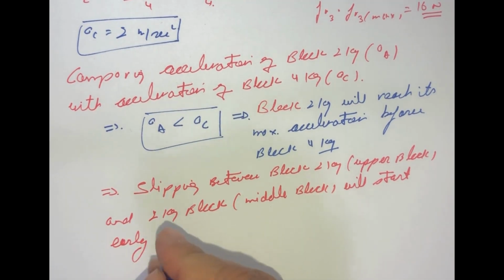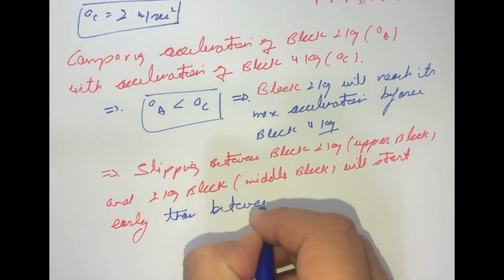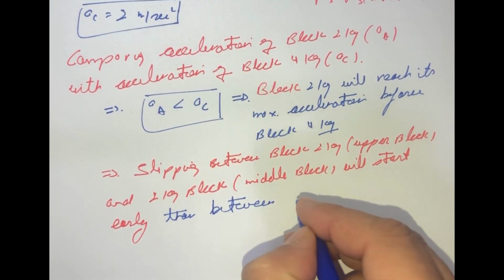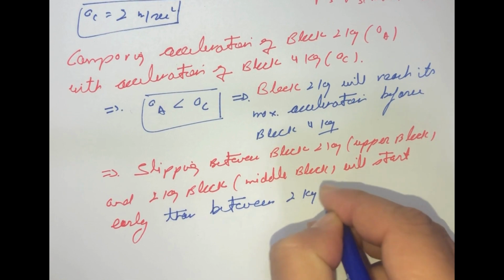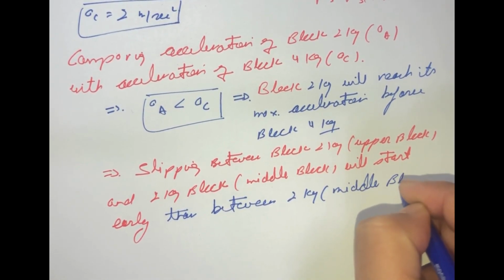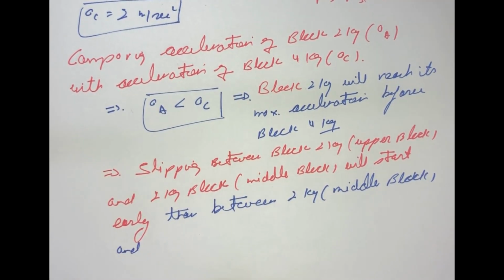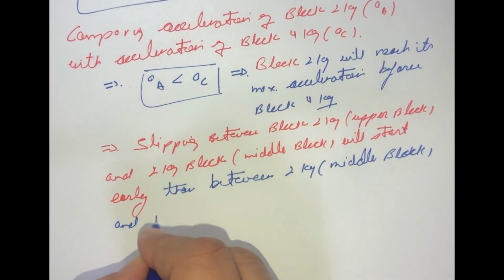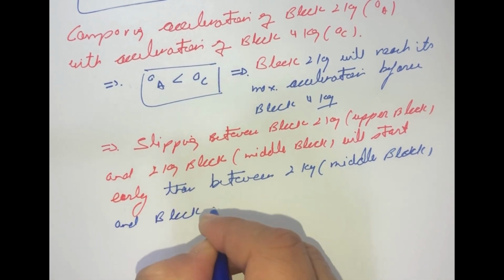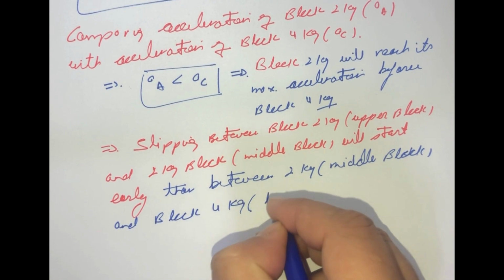then between 2 kg, that is middle block, and block 4 kg, that is the lower block.